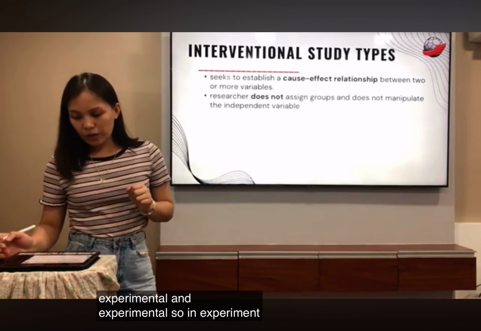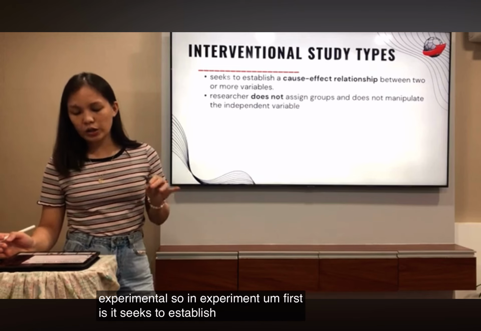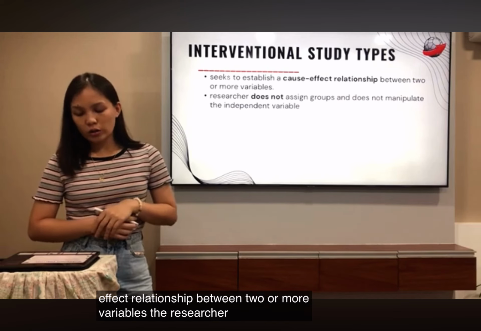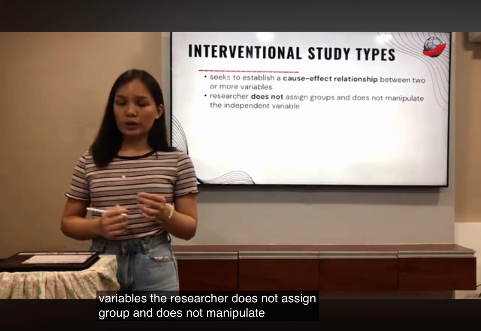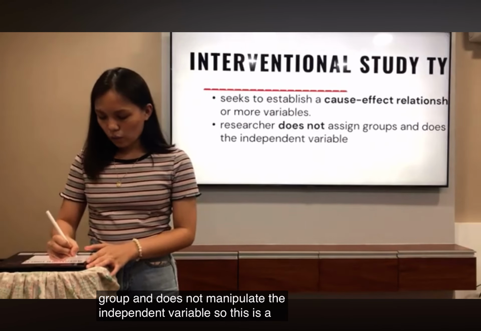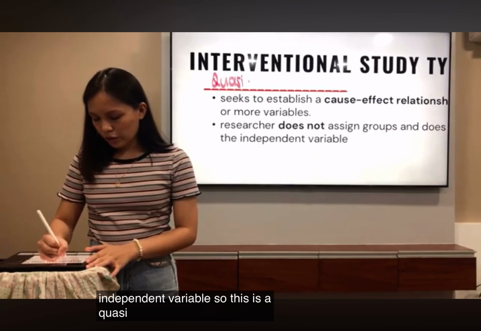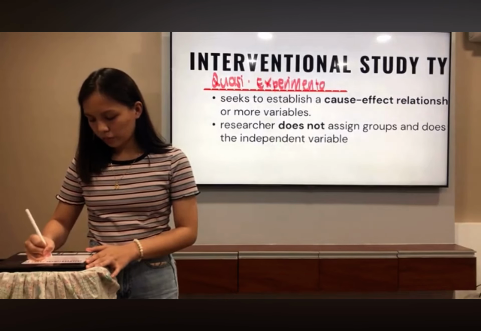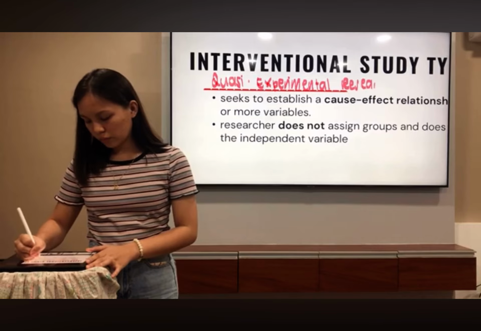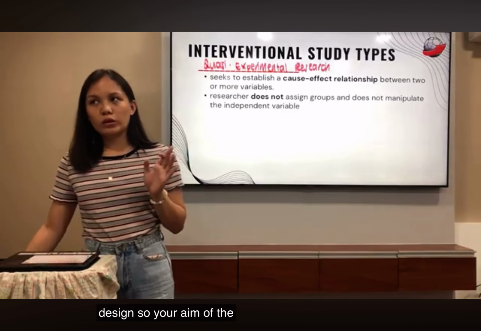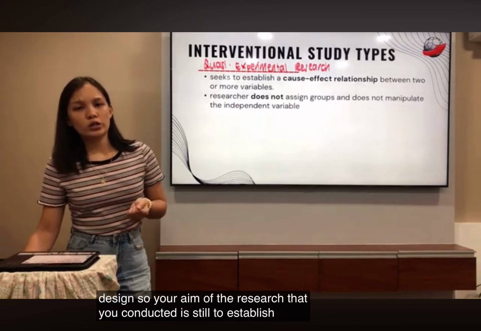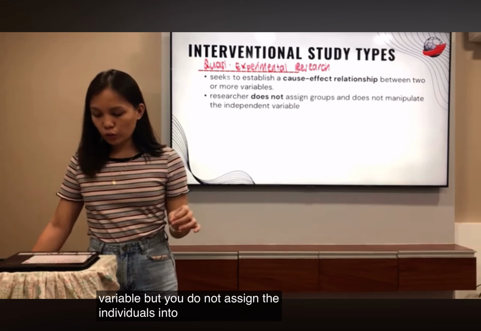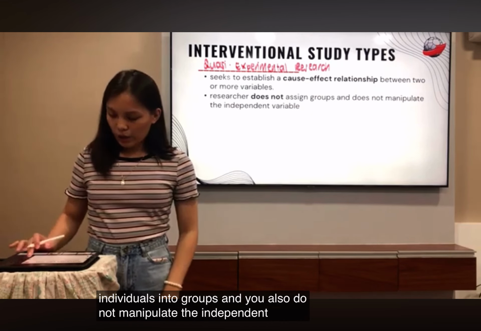So first, the quasi-experimental design seeks to establish a cause and effect relationship between two or more variables. The researcher does not assign groups and does not manipulate the independent variable. So your aim of the research is still to establish a relationship between one or more variables, but you do not assign the individuals into groups and you also do not manipulate the independent variable.